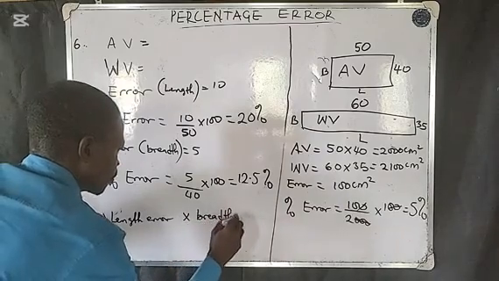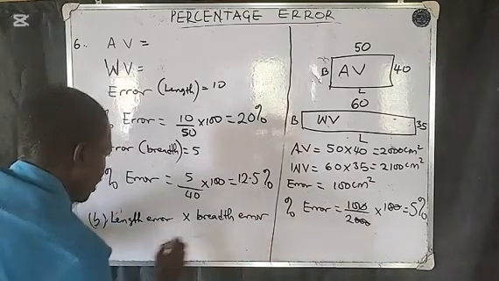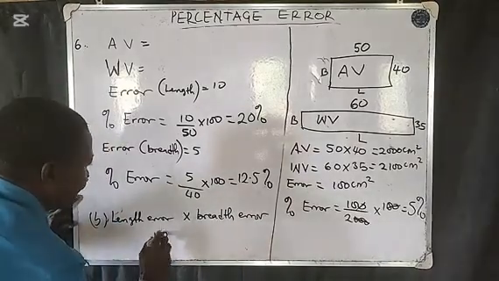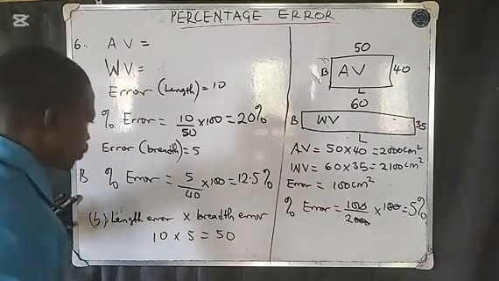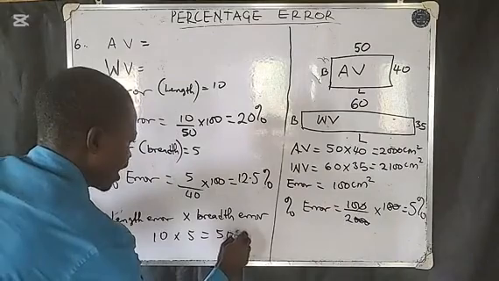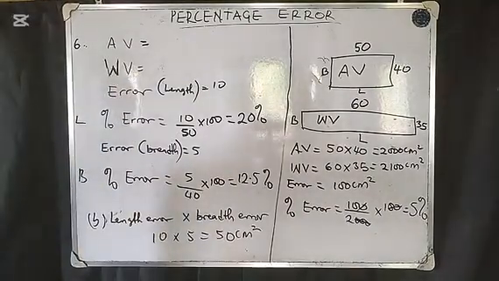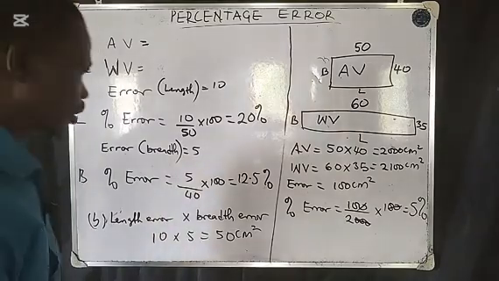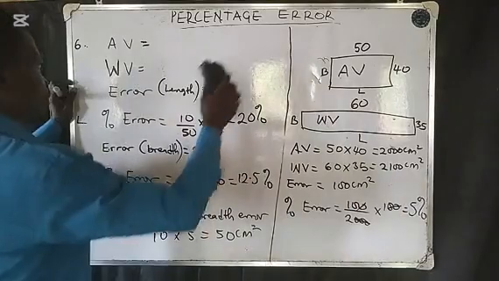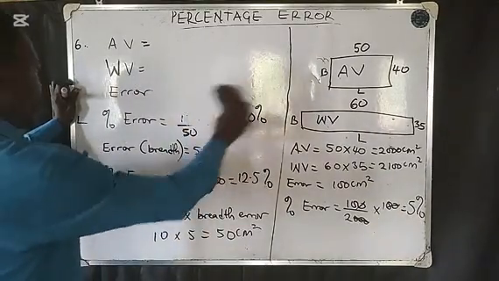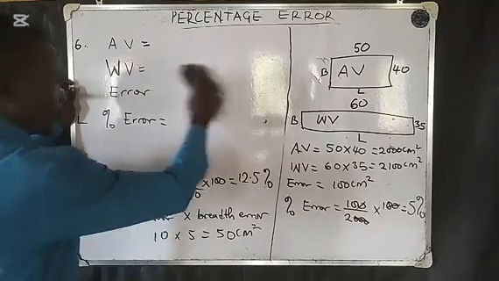Is it not so? And that will give us 10 times 5, which is 50. Is it not so? 50 centimeter squared. So this is the last part of this question. Let's move to the next one without wasting time.